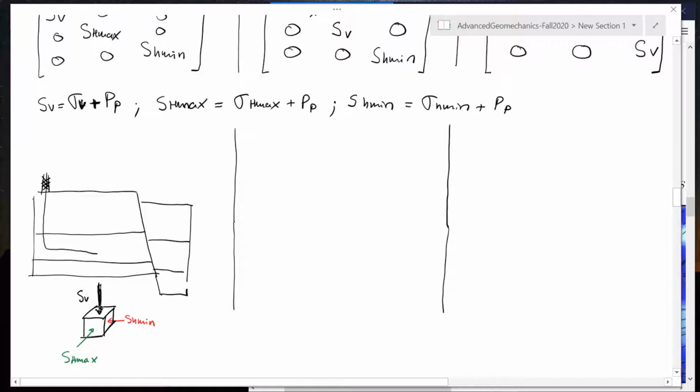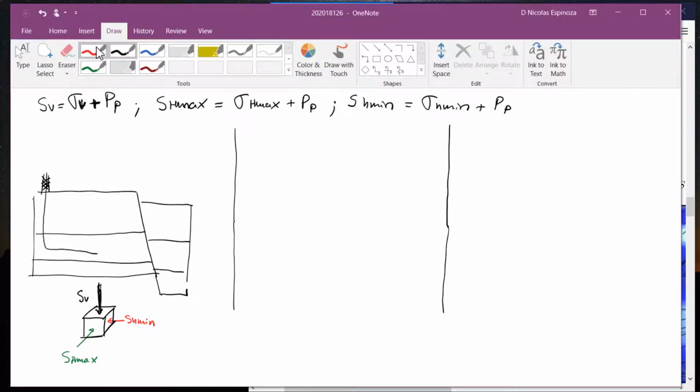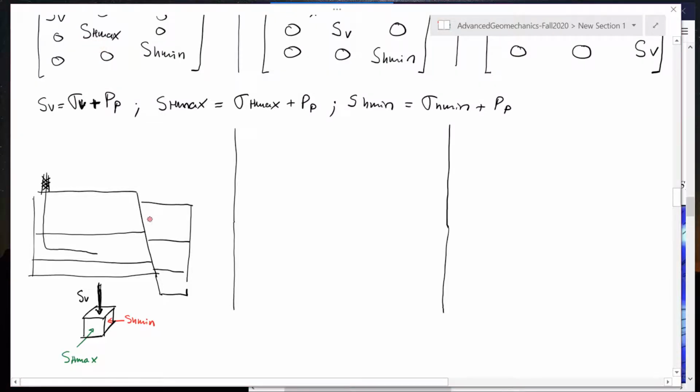In a site with normal faulting, you would expect a normal fault where the hanging wall slides down relative to the footwall. The footwall is what is below the fault. The hanging wall is what is on top. And also, if you were to have a hydraulic fracture in this case, the hydraulic fracture is always going to be perpendicular to the minimum principal stress, which in this case is SH min.